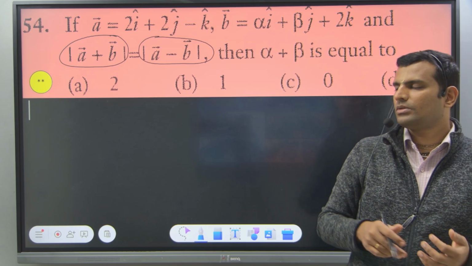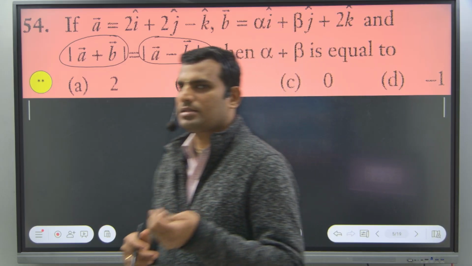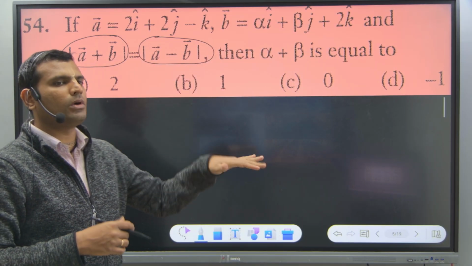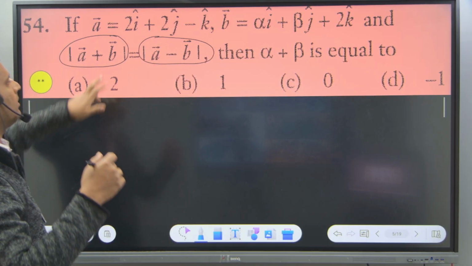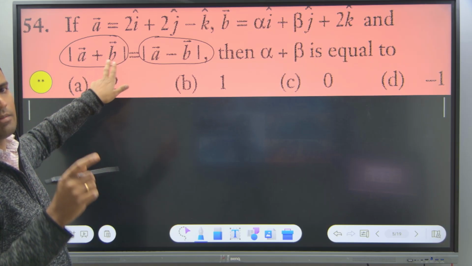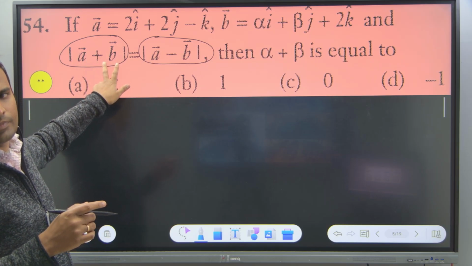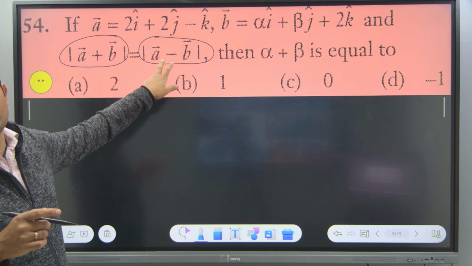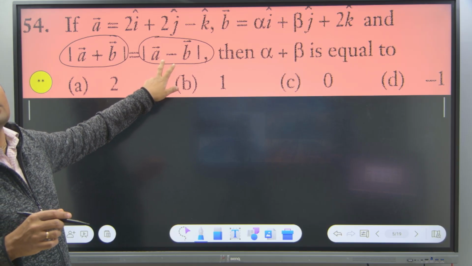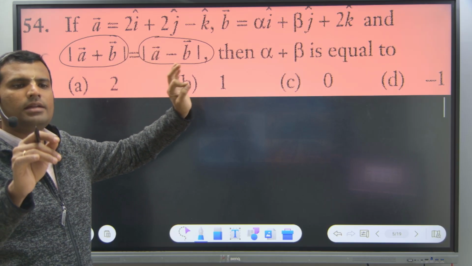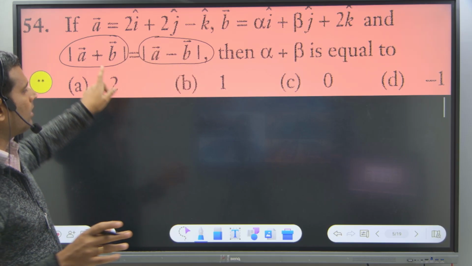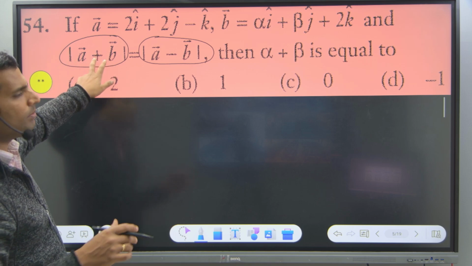Okay, so your answer is correct, but I will just tell you how you got that. Whenever they say mod a plus b is equal to mod of a minus b, use first parallelogram law. What is magnitude of a plus b?